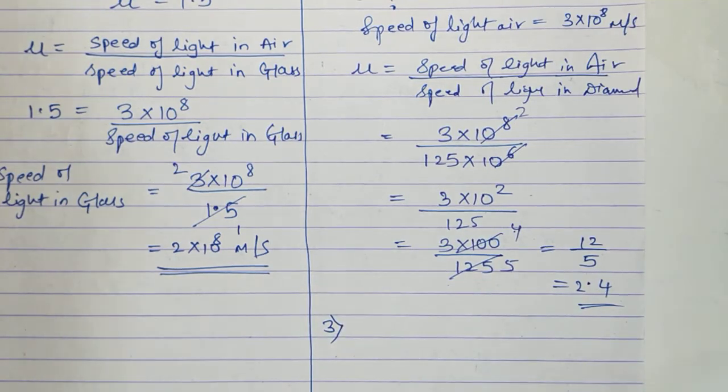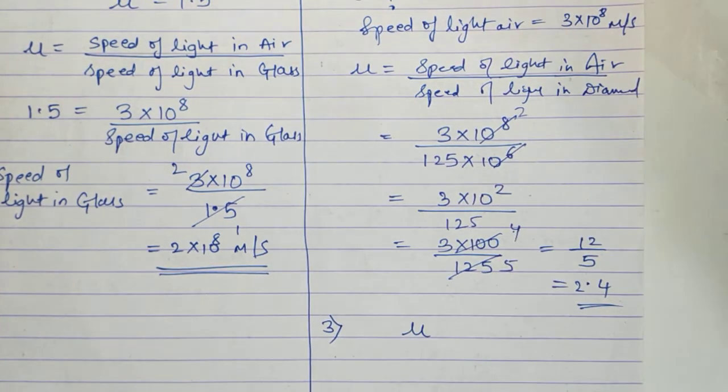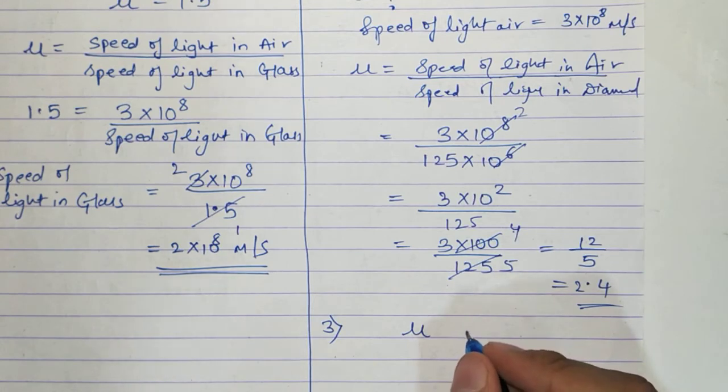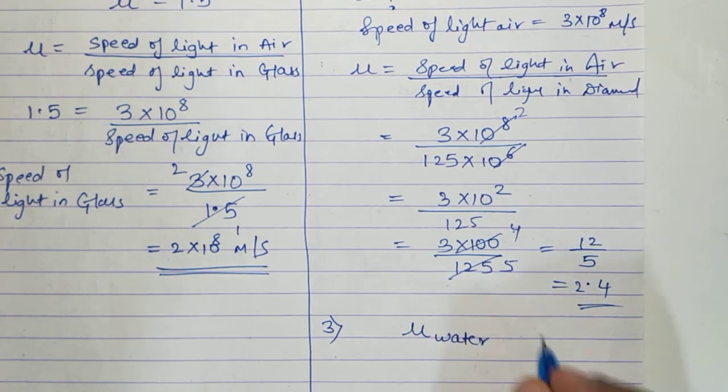The third question. The refractive index of water with respect to air is 4 upon 3. So they are saying the refractive index of water with respect to air. So for the refractive index of water you write water here, with respect to air means air here.